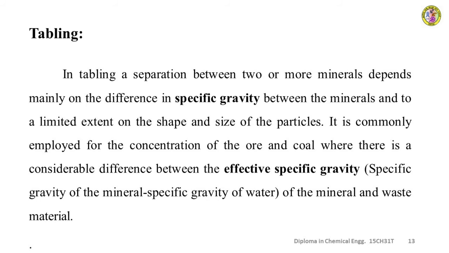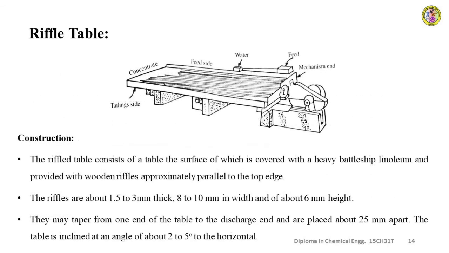If this effective specific gravity differs among the various constituents of the given solid mixture, then you can separate them out into different fractions by using the tabling operation. The figure shows a riffled table. You can see the surface of the table, and in the spaces between the riffles you can collect the particles having higher density, while the lesser density particles overflow with the flowing stream of water and get separated on the other side along with the flowing stream of liquid.